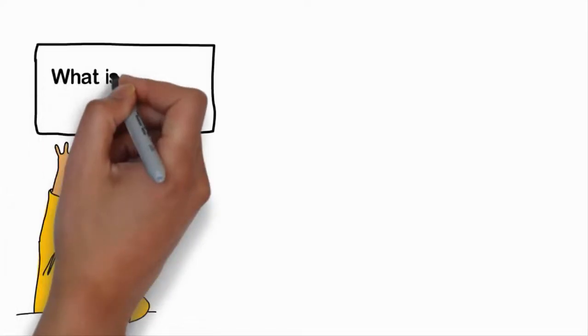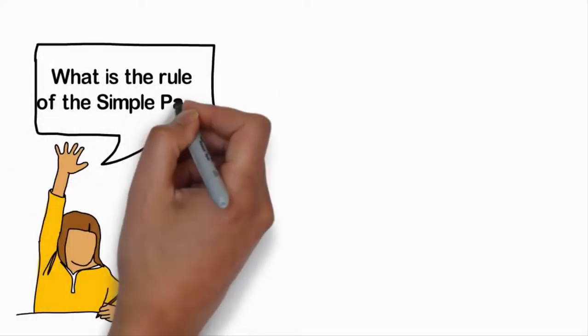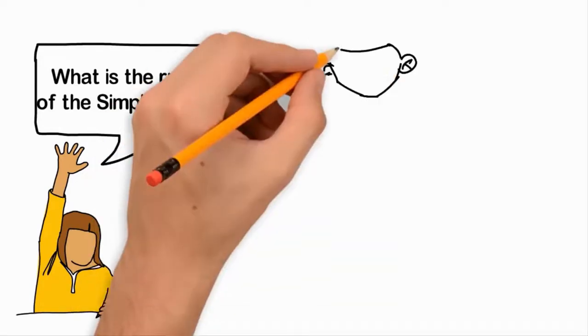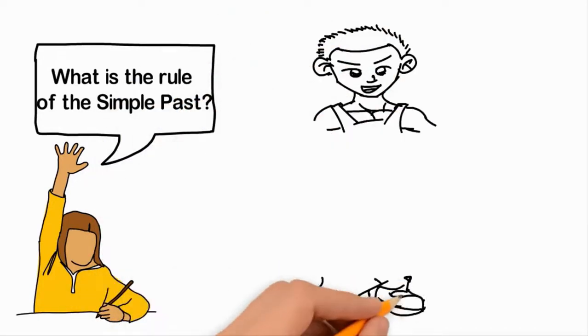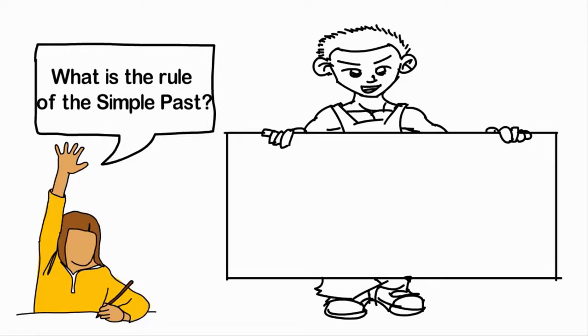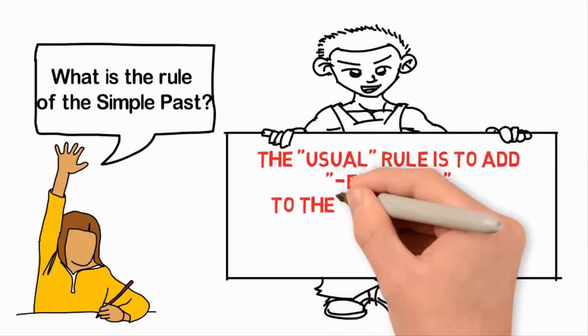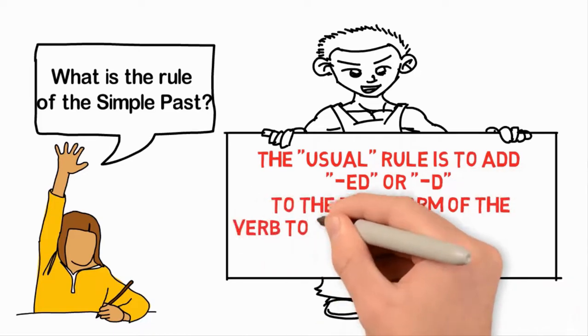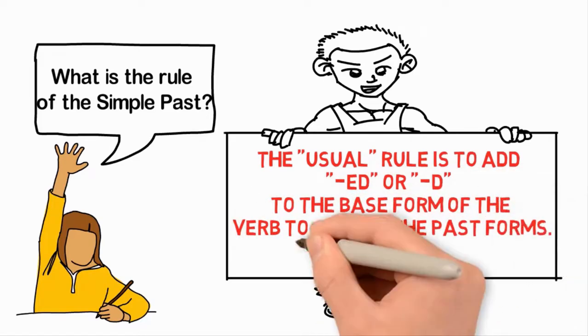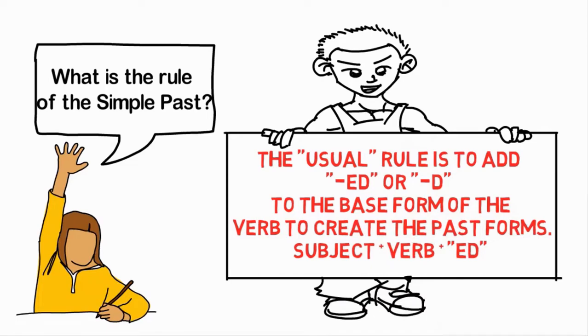Question. What is the rule of the simple past? The usual rule is to add ed or d to the base form of the verb to create the past forms, which means subject plus verb plus ed or sometimes d.